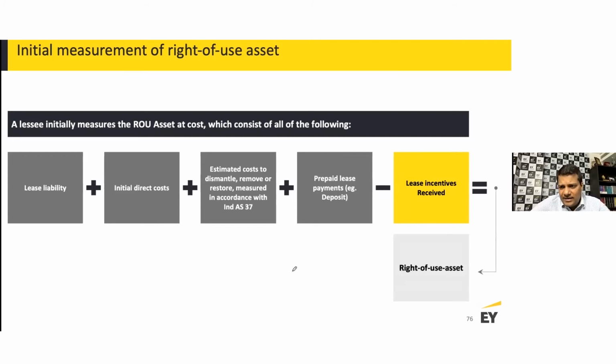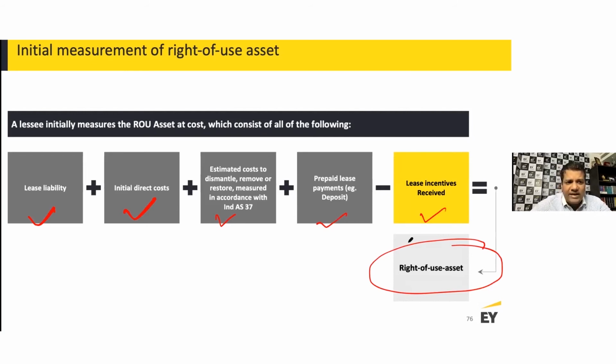So what all goes into your right of use asset? It is your lease liability, plus your initial direct cost, plus your cost of dismantling, plus your prepaid lease payments, minus your lease incentives, and that gives you the right of use asset.